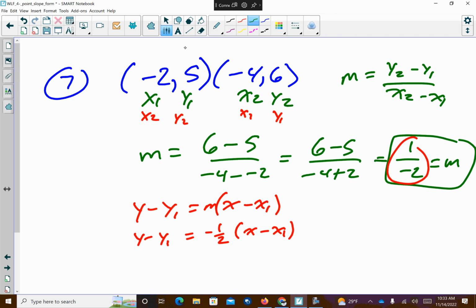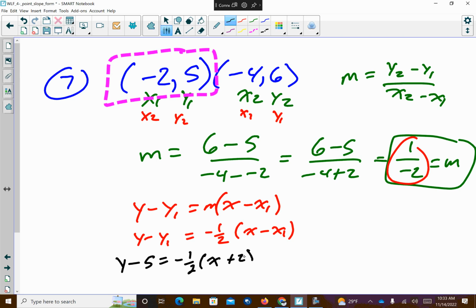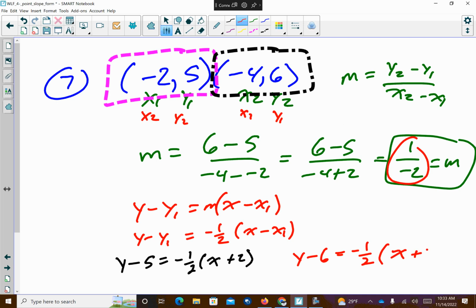Now, if I picked this point here and I plugged it in, I'm going to get y minus 5 equals negative 1/2 x plus 2. If I pick this point here, I'm going to get y minus 6 equals negative 1/2 x plus 4.